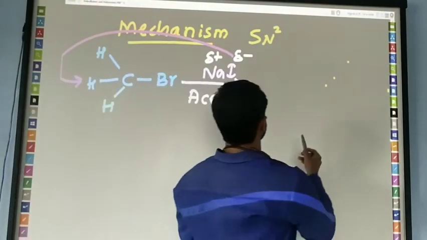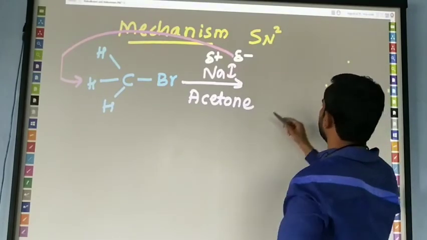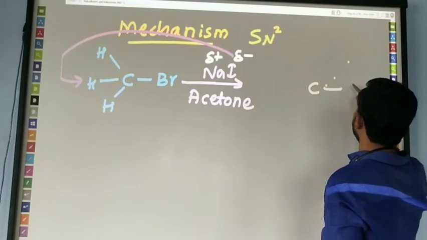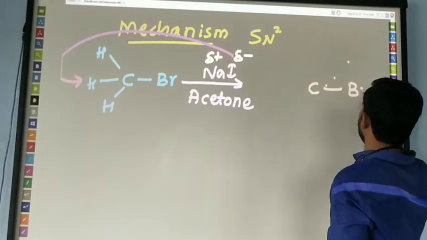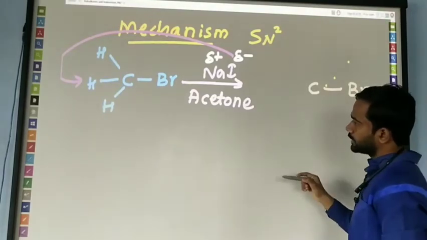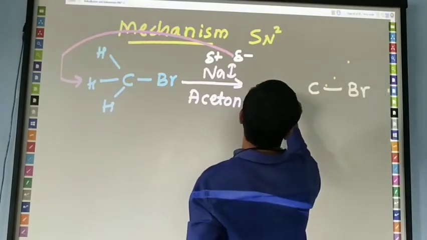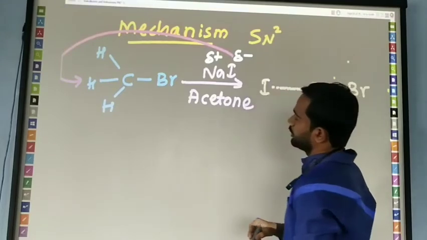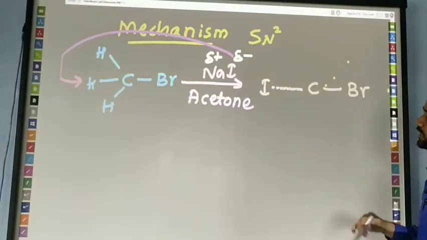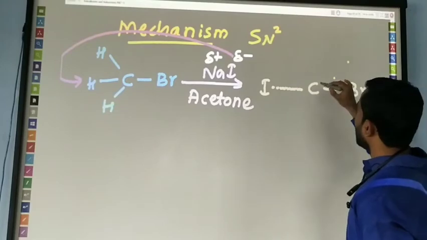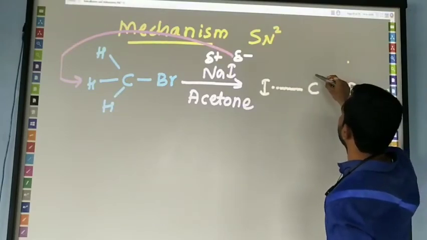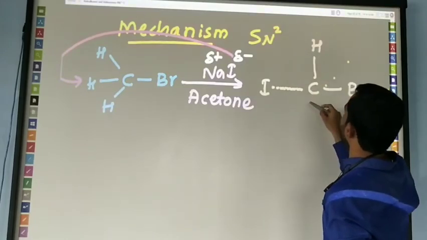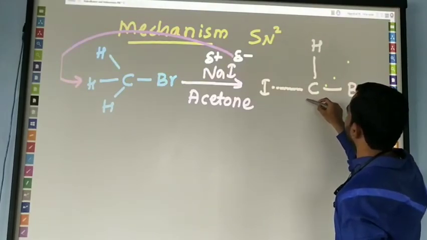In the center we find the carbon, and on the right side you have the bromide, which is going to break in the next step. In this step, there is the formation of a new bond between carbon and iodide. One hydrogen is present here like this, and the rest of the two hydrogens are present like this.